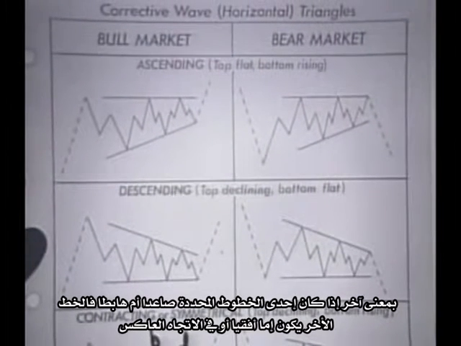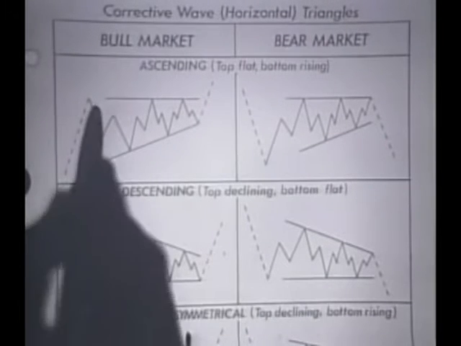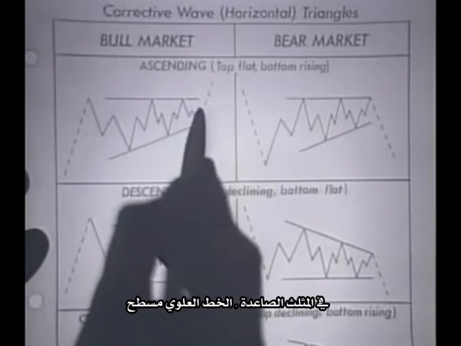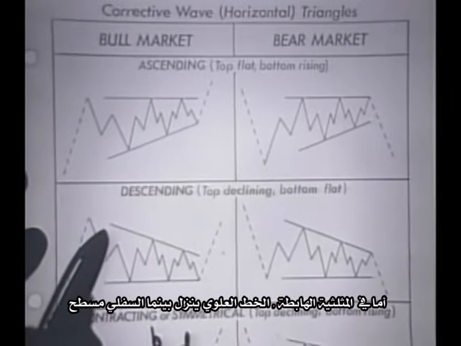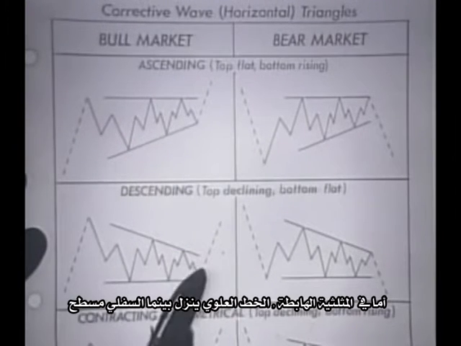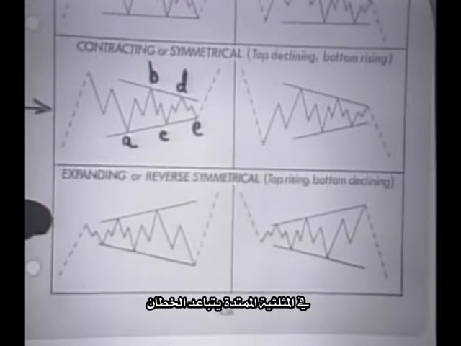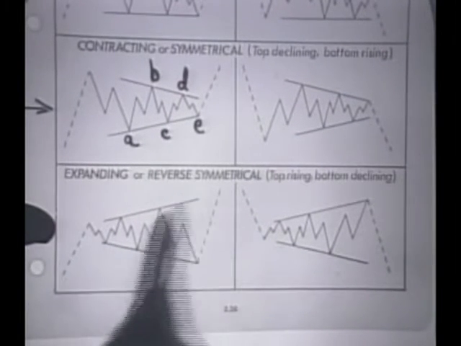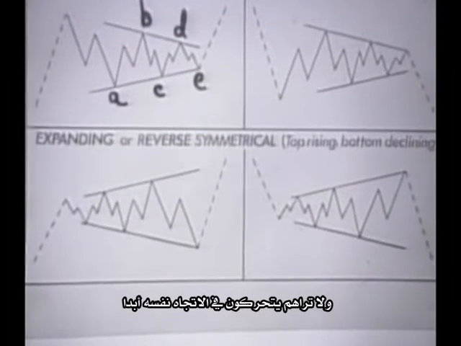If one of the boundary lines is up or down, the other line is either always horizontal or in the opposite direction. In an ascending triangle, the top line is flat, the lower line is ascending. In a descending triangle, the top line is descending and the lower line is flat. In an expanding triangle, the lines diverge. You never see them both going in the same direction.